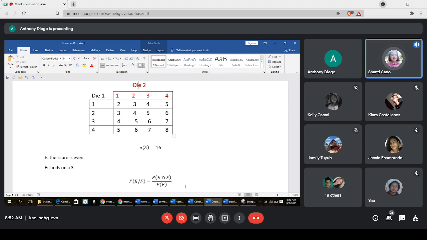It wouldn't be like 5 out of 16, sir? So remember, it lands on a tree, and we have 2 dice, so we have different outcomes here. So it's going to be 1, 2, 3, 4, 5, 6, 7, 8. Yes, sir. Because one of them is 2 dice, so each one of them has a label 1 to 4.